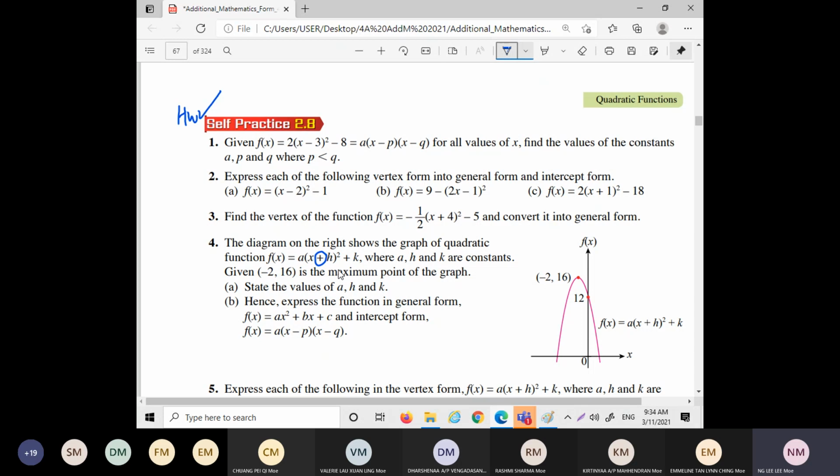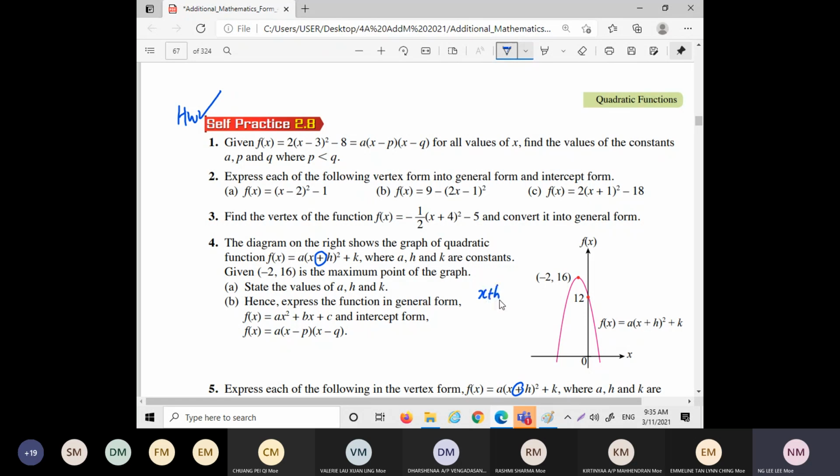So you see, always the vertex form, this is minus, but here is plus. So you got to be careful lah. Sometimes they give minus, sometimes they give plus. Here the same thing, so also they give plus. So this one actually is this way, same lah.